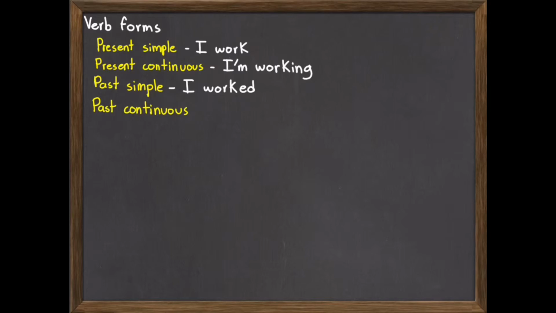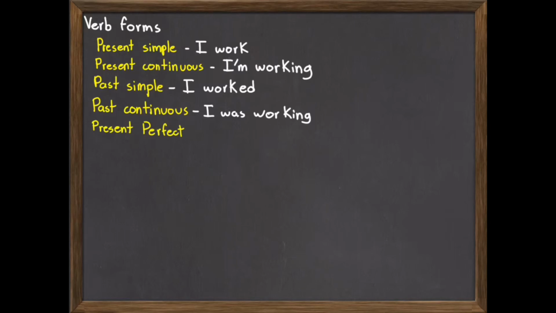Also, past continuous, which we use to describe an activity or situation in progress in the past, such as I was working. We often use the past continuous for activities that are interrupted by a completed action, in contrast with the past simple, which is a completed action.